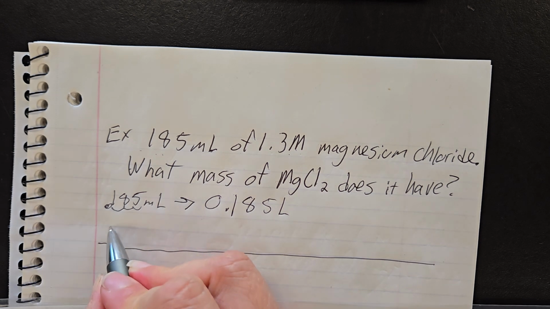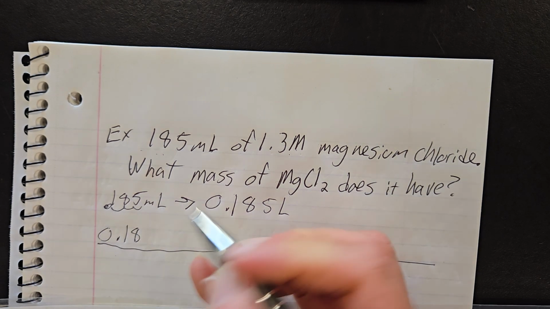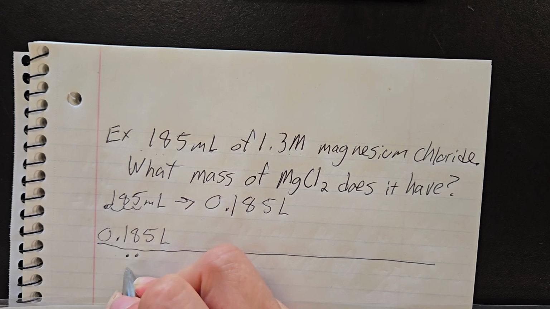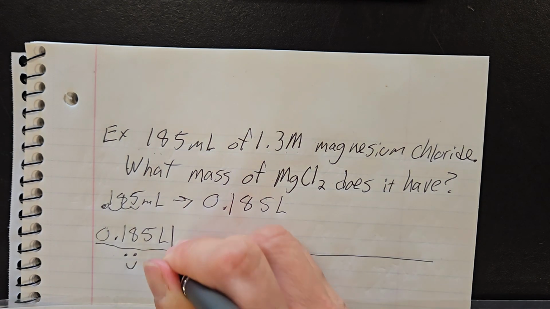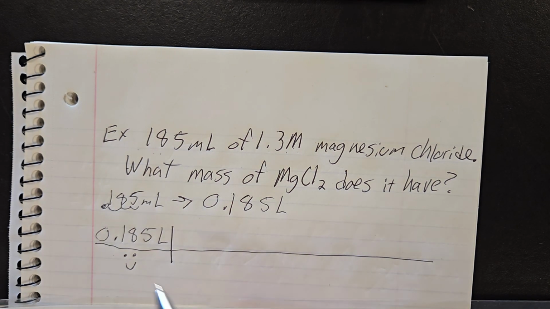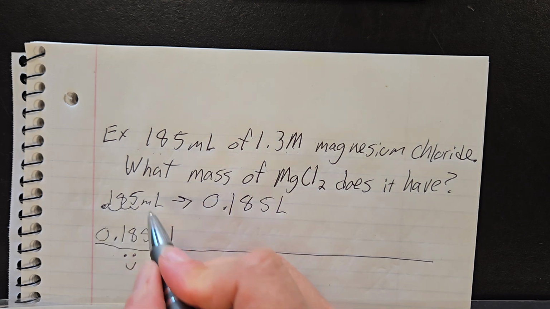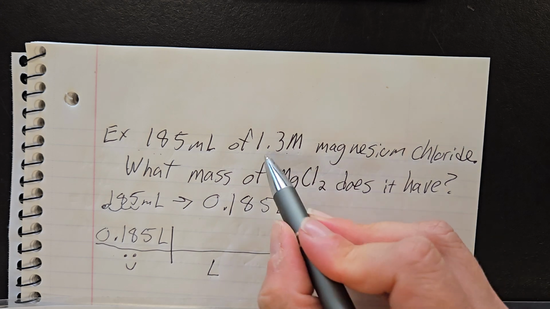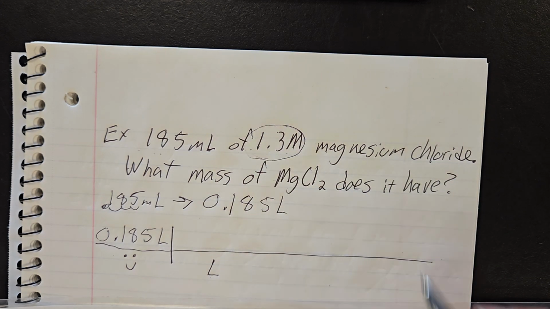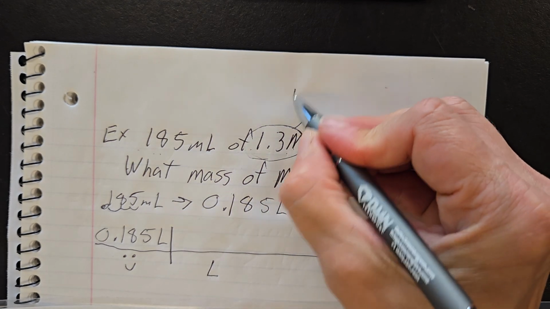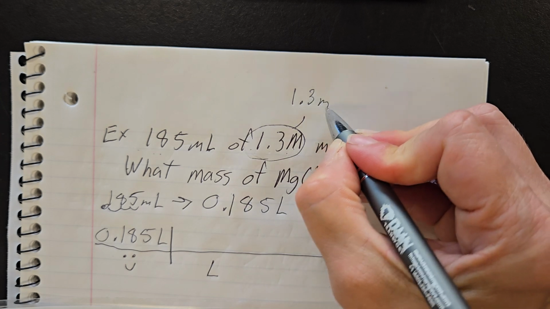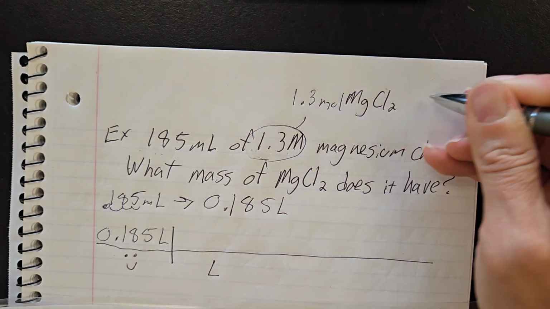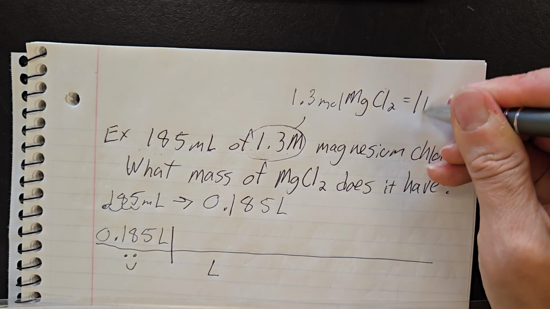So we take 0.185 liters, and we put our happy face down here because it makes us feel good about ourselves, and we draw our line. We've got liters right here, and I know I need to move liters down to the bottom. The conversion factor we're working with is this 1.3 molar, which we can change to say 1.3 moles MgCl2 is equal to 1 liter.